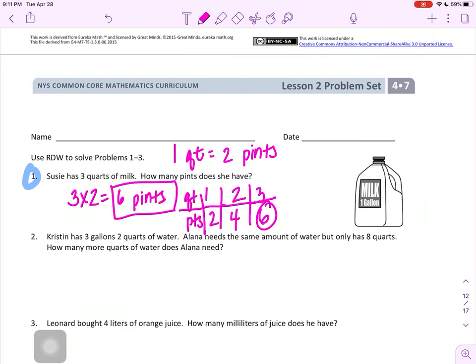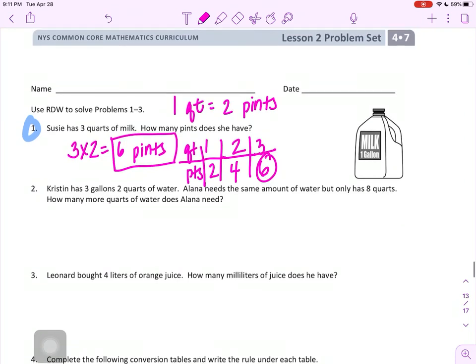So similar to what we did yesterday, just working with different units. Please show the work, and please write your labels.